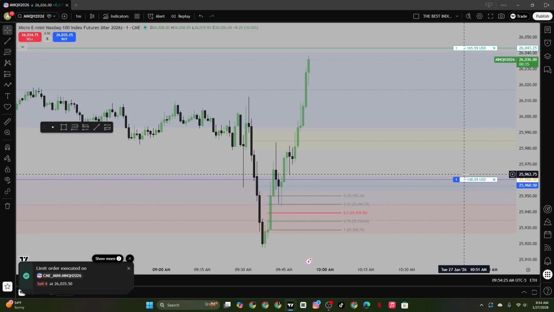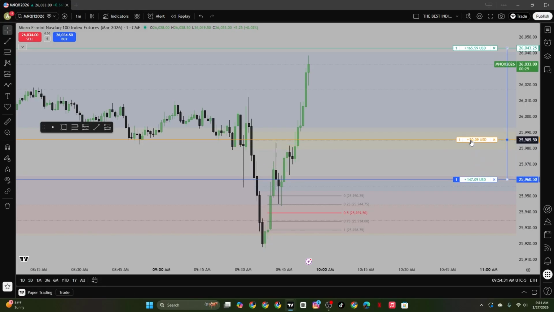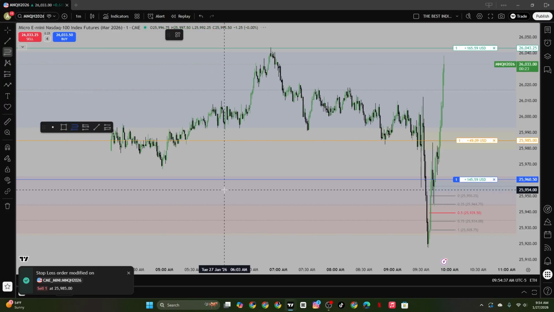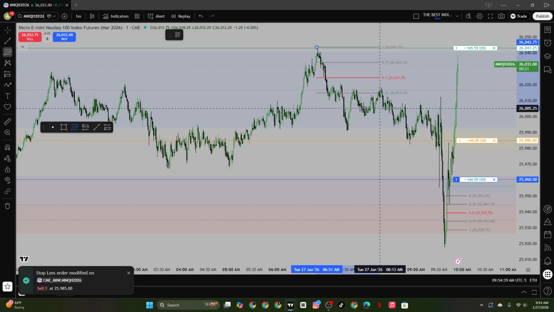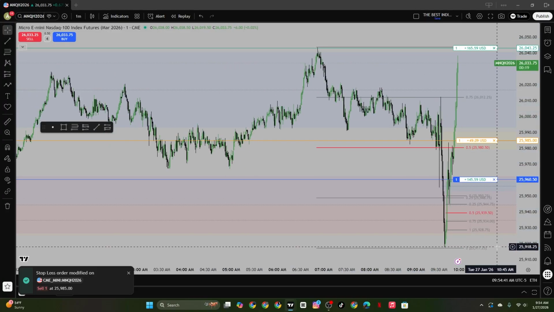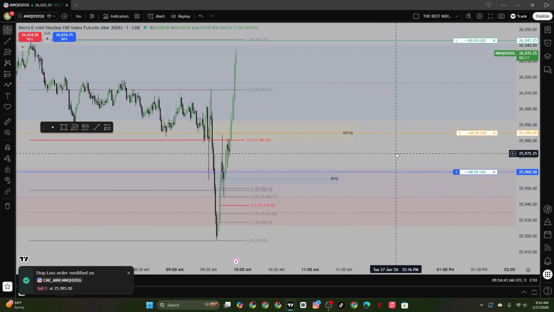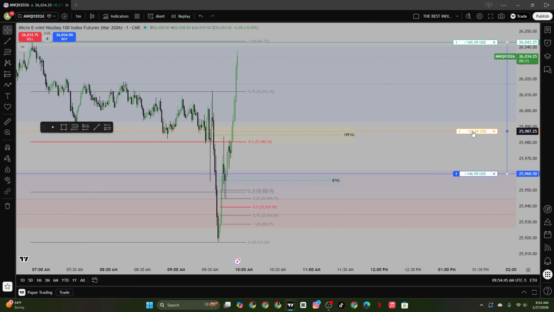Now, if I could see my stop, redeem my stop, I'm just going to risk from this low to this high, just above this fair value gap.